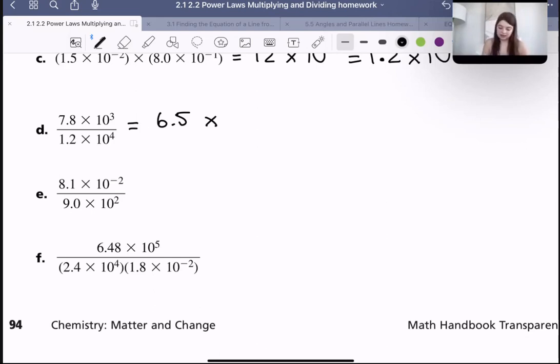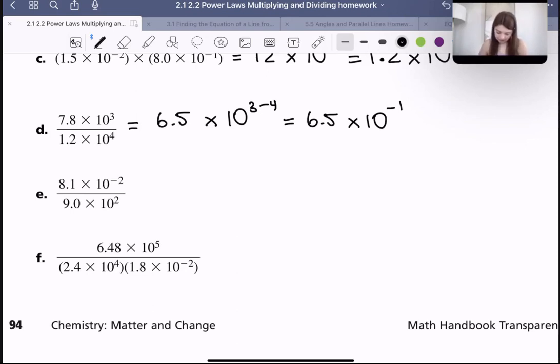So it would be 10 to the power of 3 minus 4, which is going to be 10 to the power of negative 1. Now, again, this one might be easier to express as 0.65. We could do that, but the question asks for scientific notation, so I will leave it as is, even though, yes, we could express this in a more digestible manner in this case.